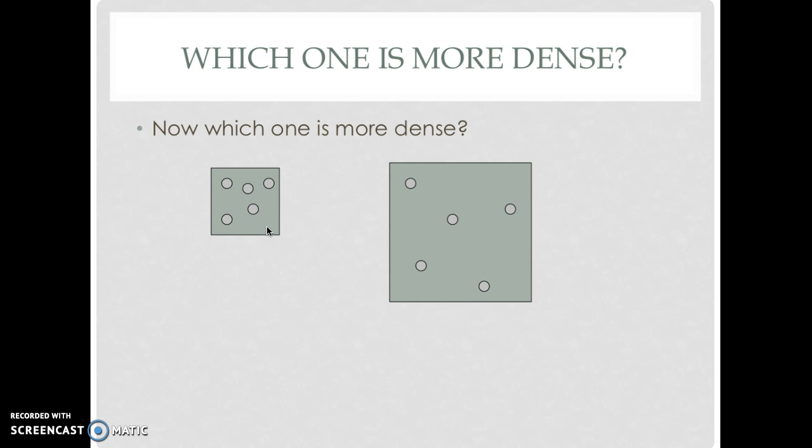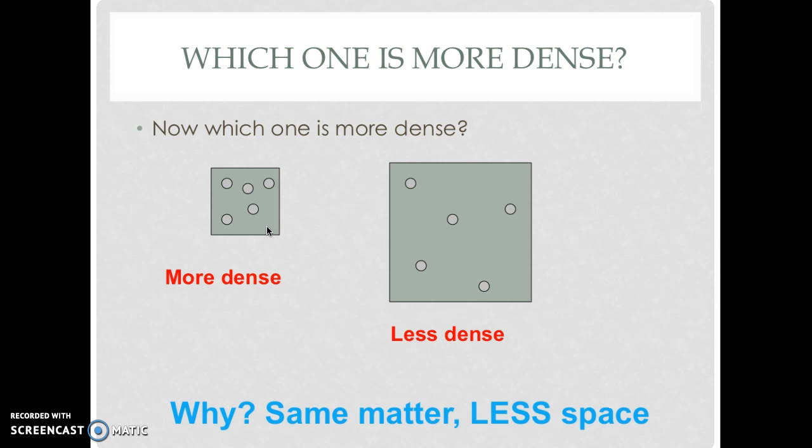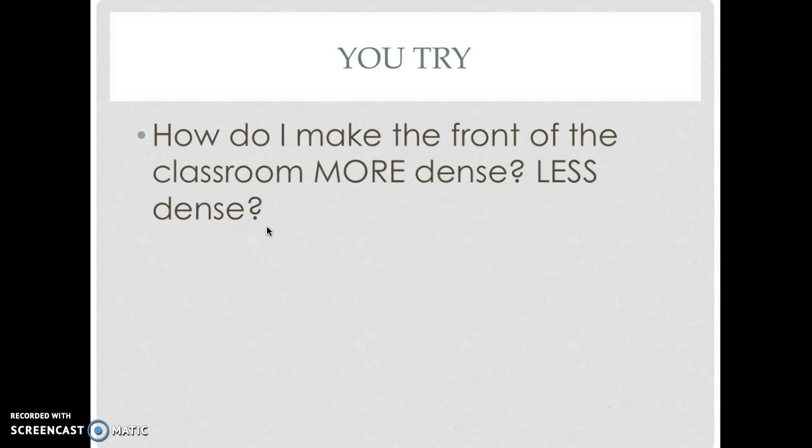Okay, all right. Now we are going to look at this mathematically. This is, of course, more dense and this is less dense. Why? Same matter and less space. Now we are going to try it. How do I make the front of the classroom more dense and less dense?